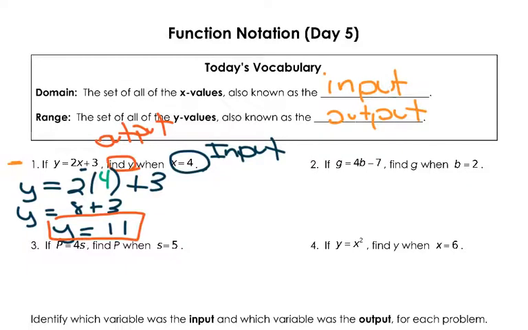where they're saying that if g is equal to 4b minus 7, find g when b is equal to 2. So here again, the input in this case is b, and they're asking us to find g, which is the output.